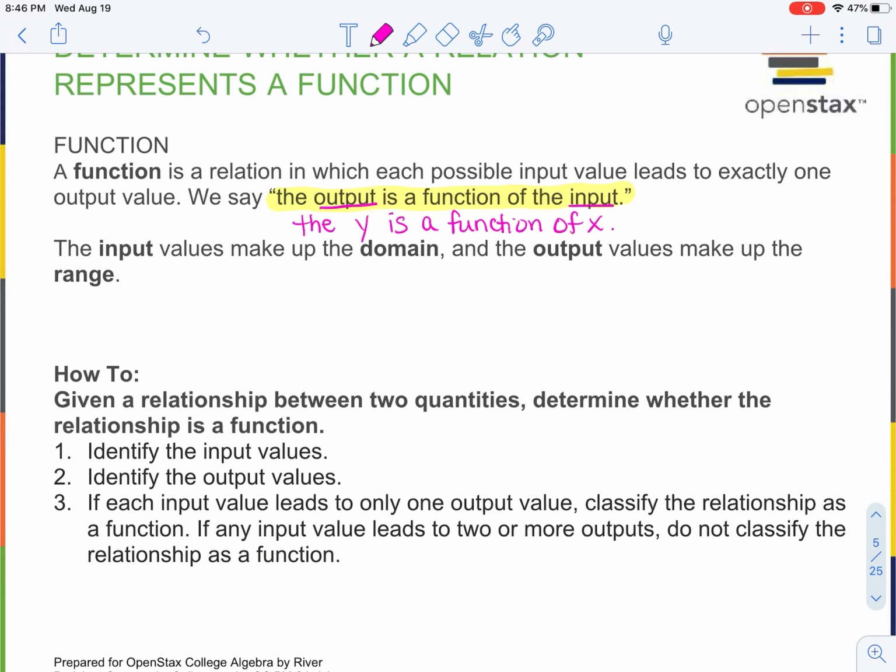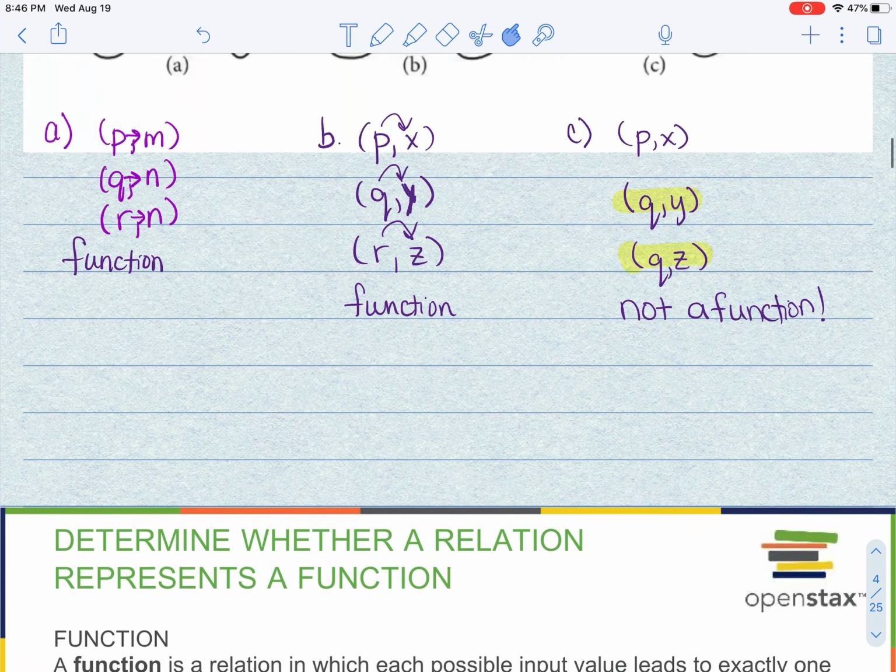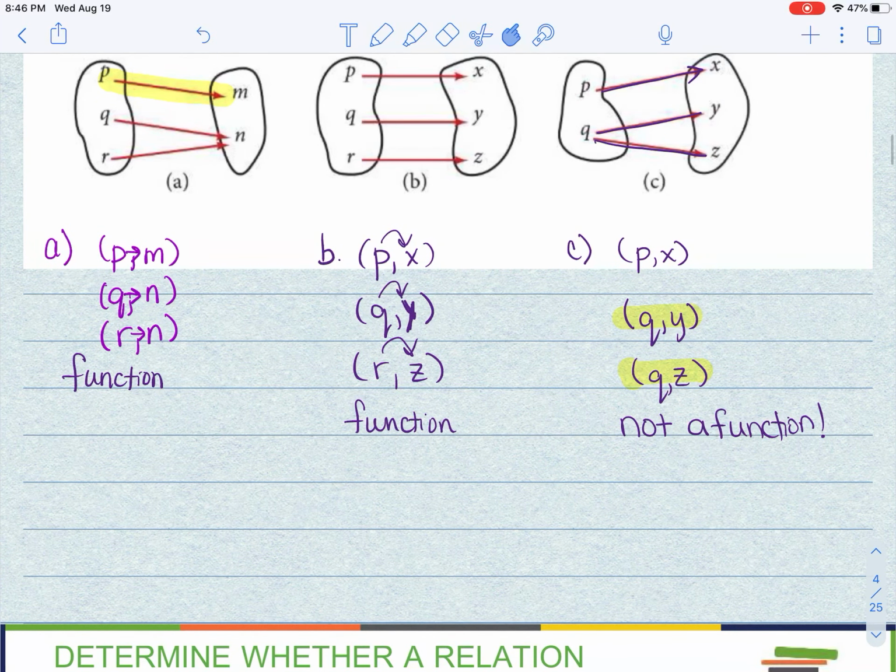So basically, when you're looking up here at these, check out just the x side. What do you notice? So if we're just looking at the inputs, in the first set, the inputs are all different.